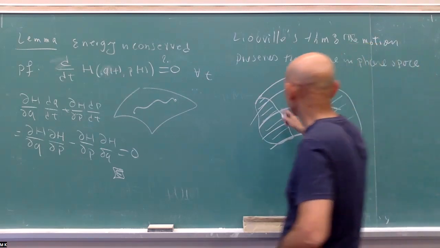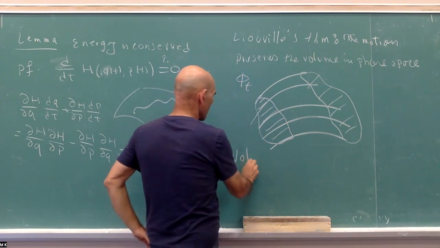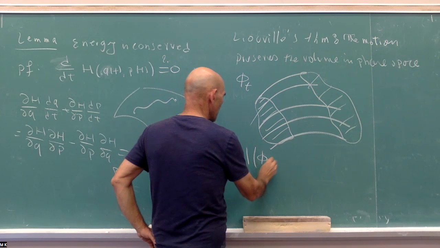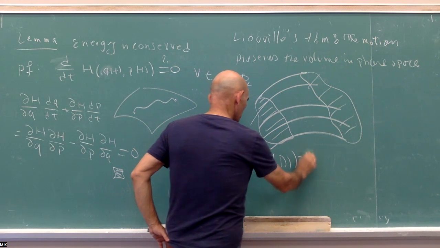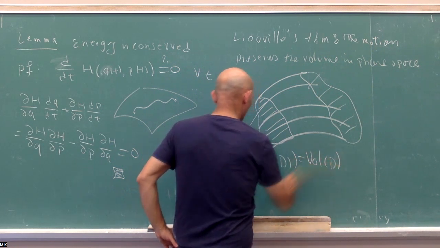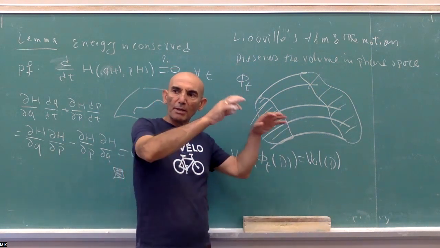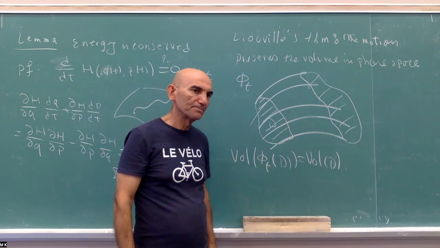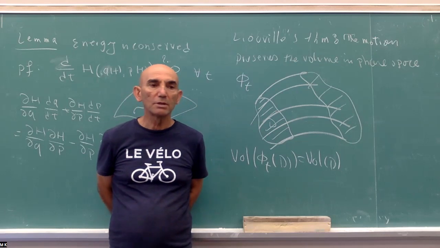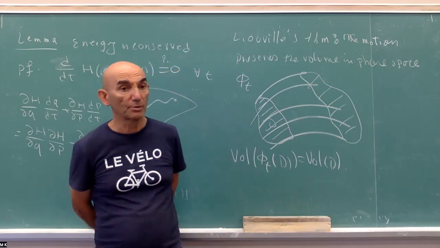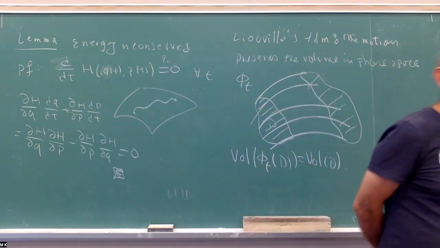If I denote this flow by phi t, basically it means that the volume of phi t of any domain D is equal to the volume of D, for any domain D. Because you can let the domain move and study this. This is an absolutely mind-boggling result, and it's a fundamental result. It's quite important.